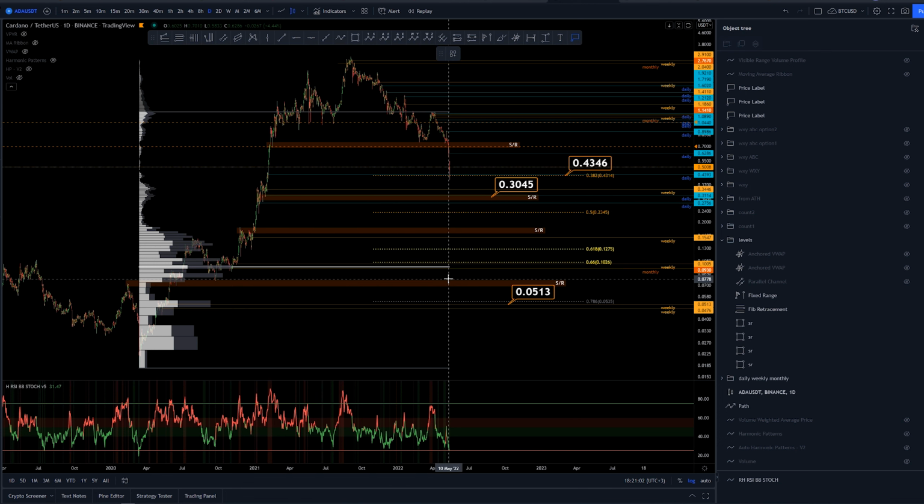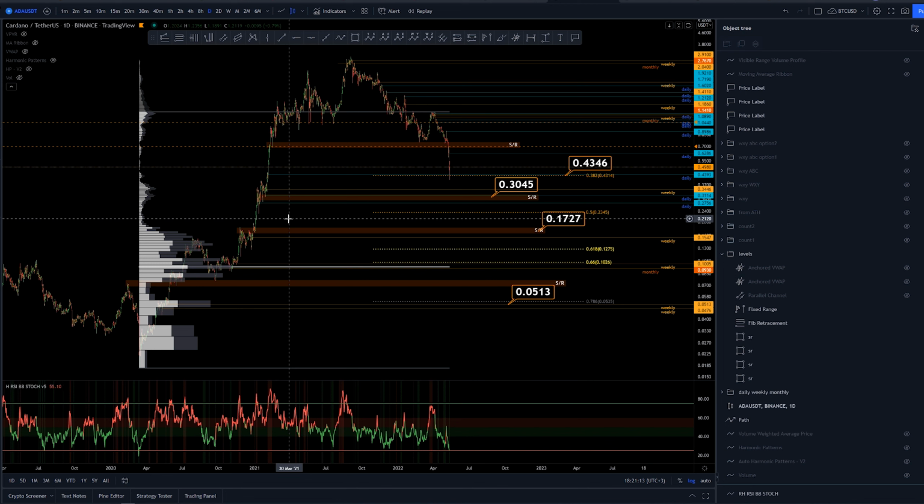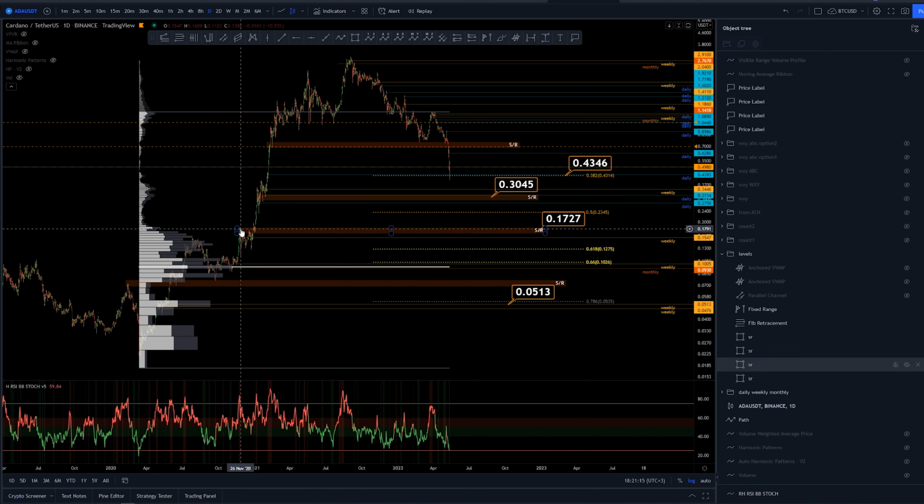Now, just coming down a bit further, we got the golden pocket. We can see that the volume has been massively increased here. This first support level here at around 17 cents is definitely going to be a major level of support.